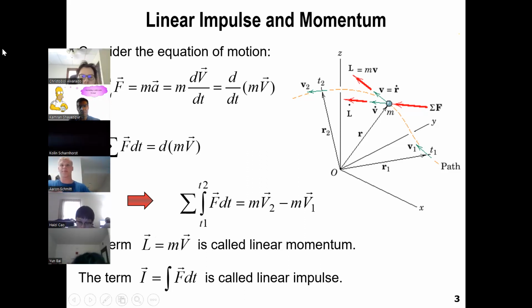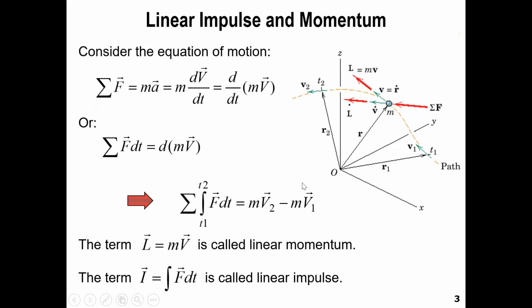Similar to, for example, kinetic energy, which was half mv squared, a property of the particle and its motion, linear momentum is also a property of the motion of a particle. It depends obviously on its velocity and the mass.